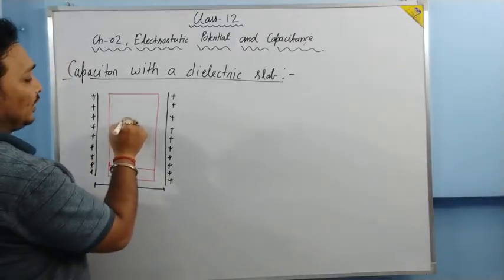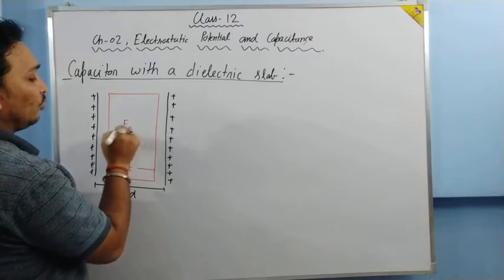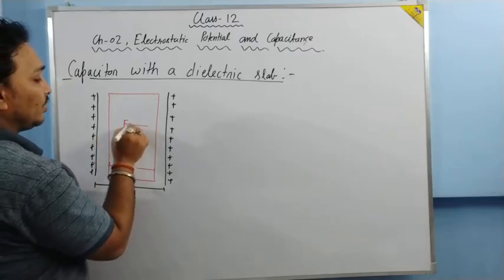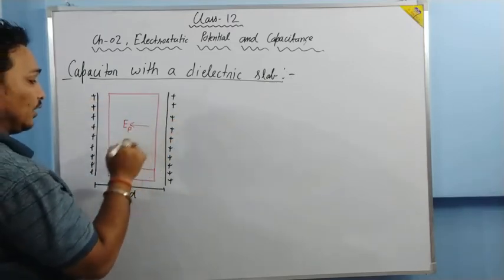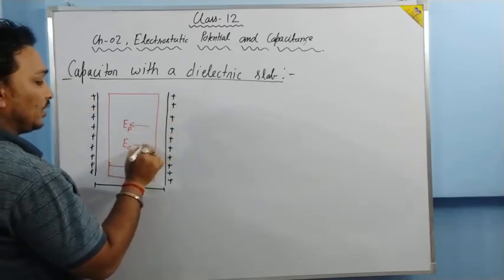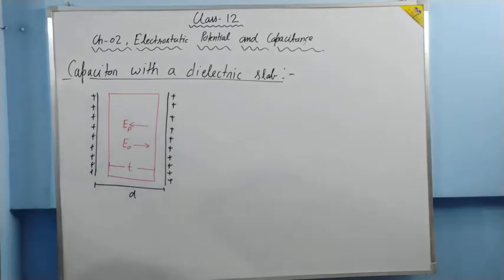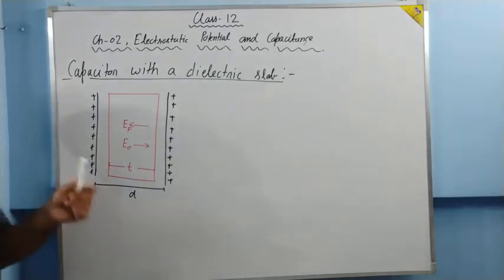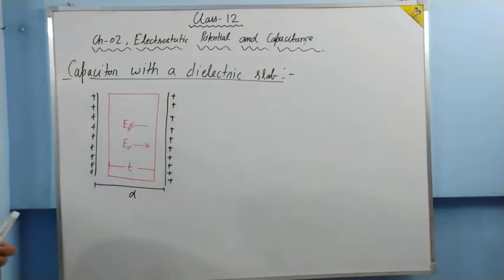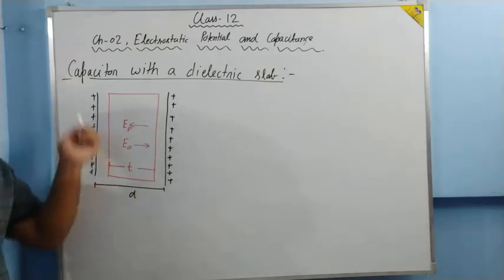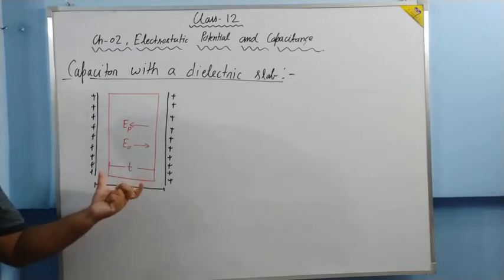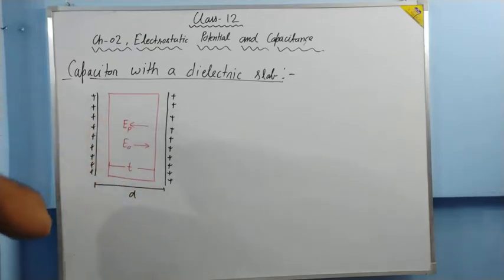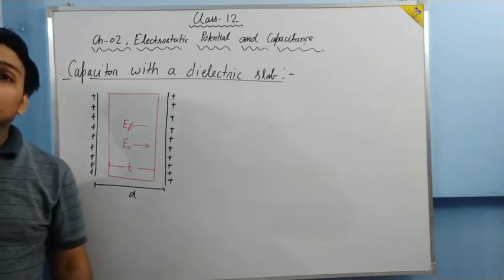We know that inside it there is an electric field due to polarization, whose direction is towards this side, and we have applied an external electric field whose direction is this side. Is it clear? If we want to know how the presence of the dielectric slab changes the field between the plates in this region, the T region, then because of the change in electric field there will be a change in the potential.